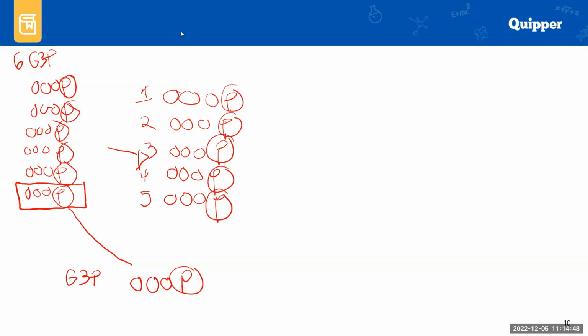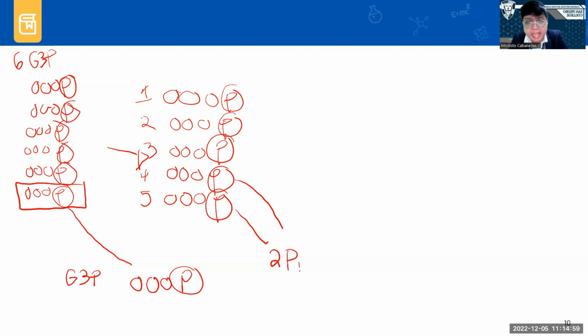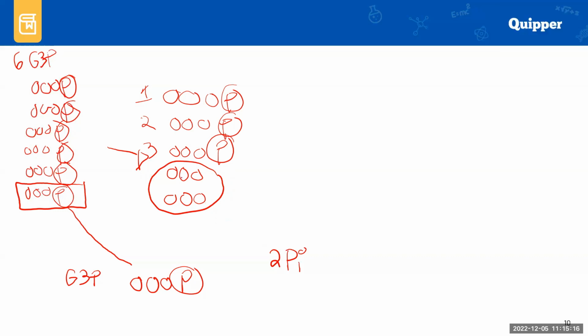Tatanggalin natin yung phosphate natin dito sa fourth molecule and fifth molecule. So we will remove this phosphate. We will have 2 phosphate ions as a byproduct now. So mawawala na ito. We can now proceed in adding this free carbon doon sa ating other molecules.